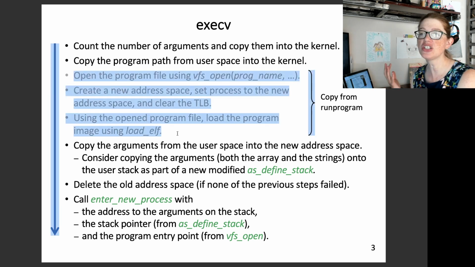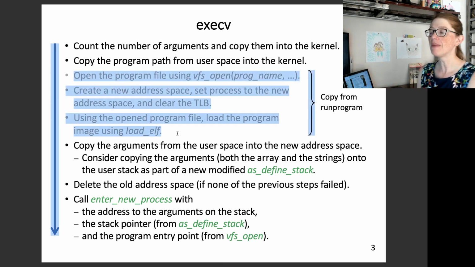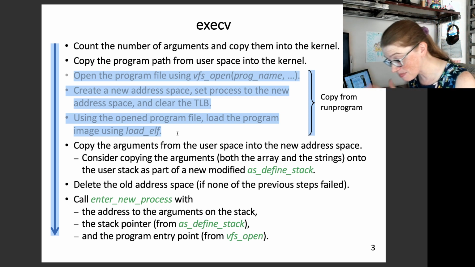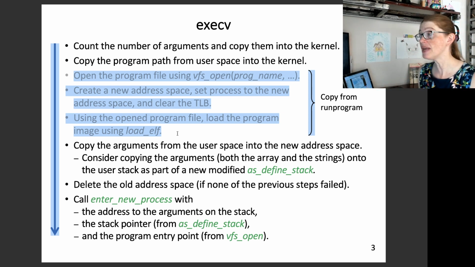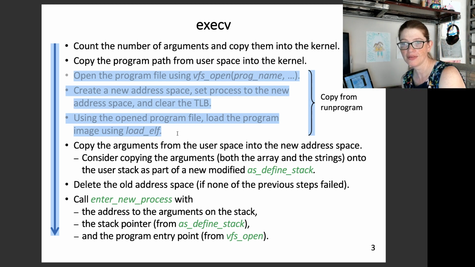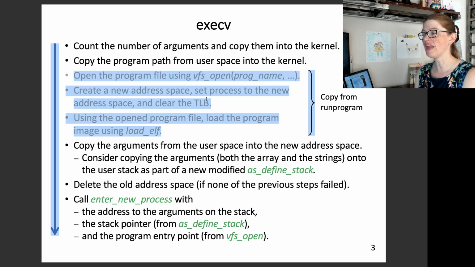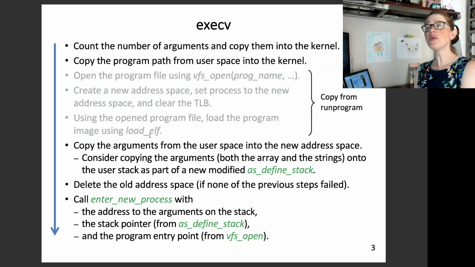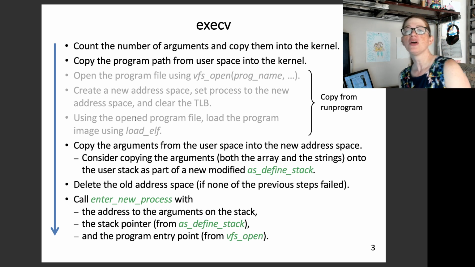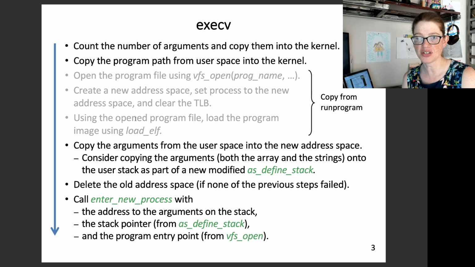That's runprogram. And it's surprisingly similar to execv, because if you look at execv, all this grayed out stuff is literally just copied and pasted from runprogram. In fact, that is my recommendation for implementing execv. Start by copying the contents of runprogram into execv, and then add the extra bits on the end. Now, what are the extra bits? Well, runprogram is called from the kernel, which means that the name of the user program is already in the kernel's address space.